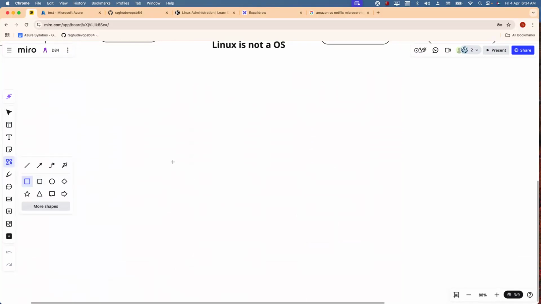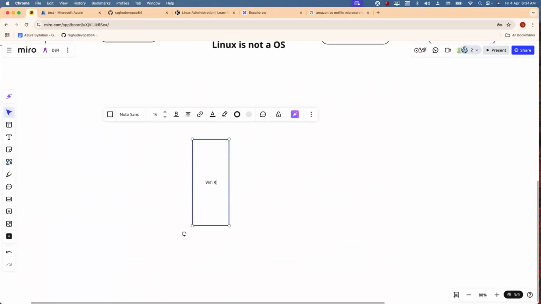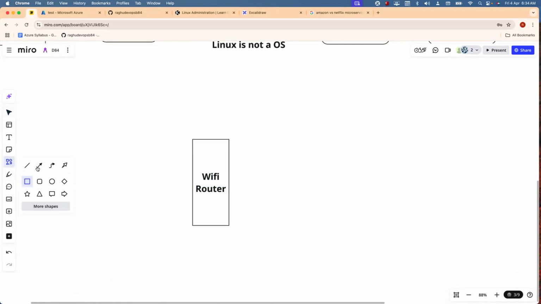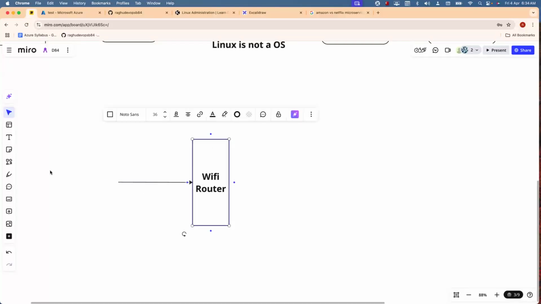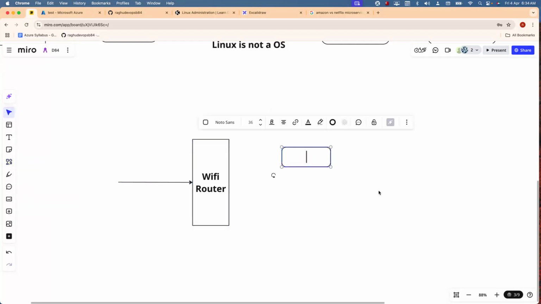Take the home, by the way. What are you doing? You're taking a Wi-Fi router. You're going to have a Wi-Fi router, and you take an internet connection. Through the Wi-Fi router, you're going to have multiple devices behind the scene. You will connect those devices.